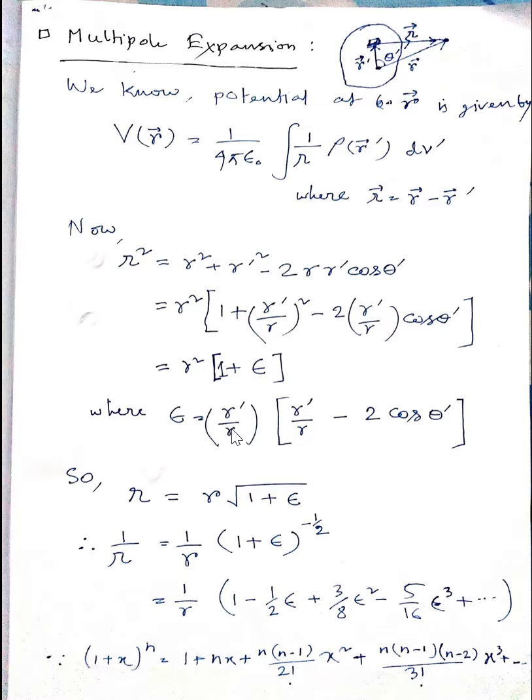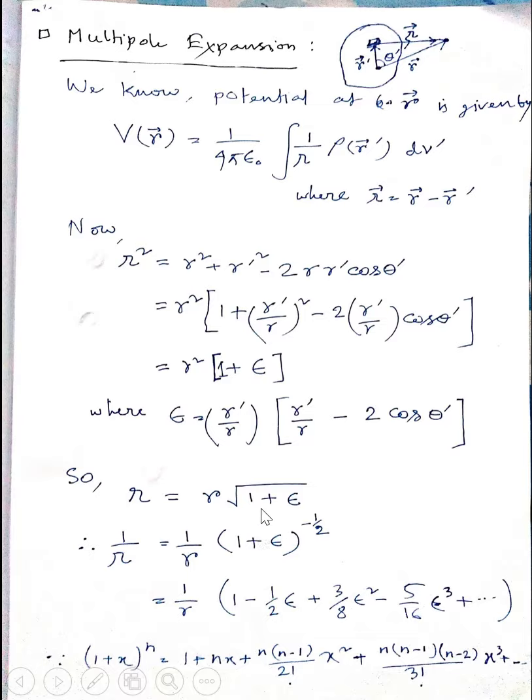So naturally this epsilon will be very small, so we can make an approximation about this epsilon. We will expand this one by an infinite series. You have already done this type of expansion at your plus 2 level. You can remember this: 1 plus x to the power n equals this.